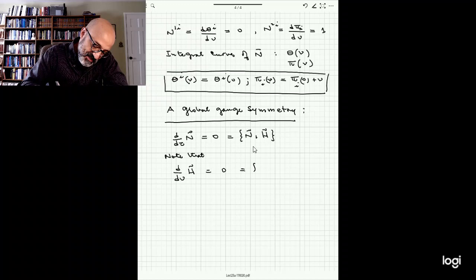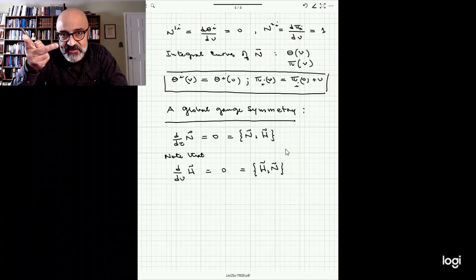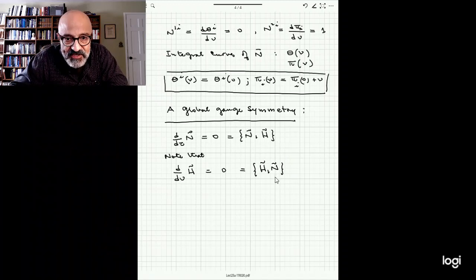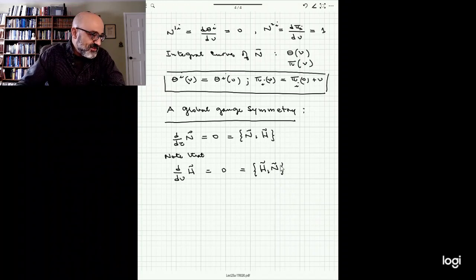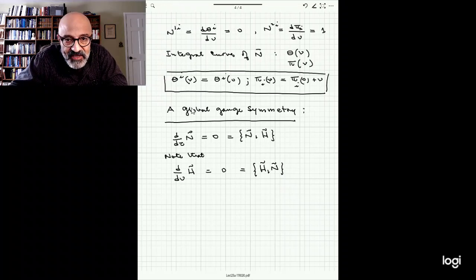Because this is exactly the same Poisson bracket, except flipped around, which is only a minus sign. So what this means is that if N is preserved along the H evolution, then H is preserved along the N evolution, or the N flow.